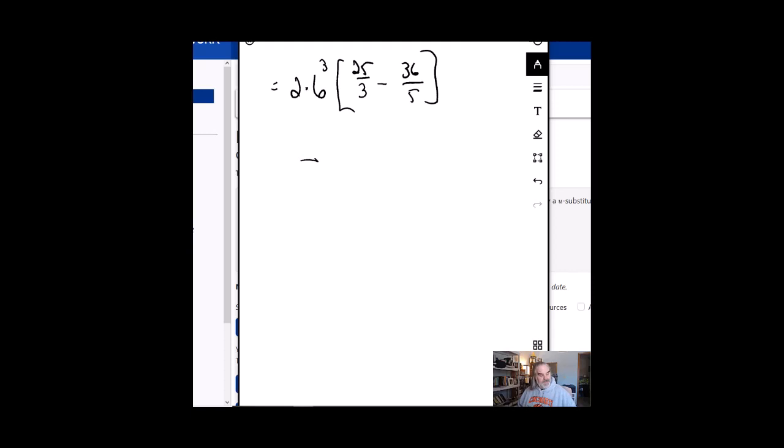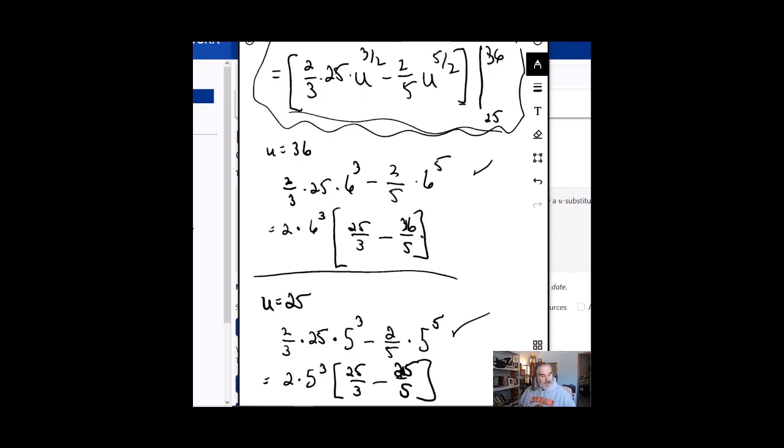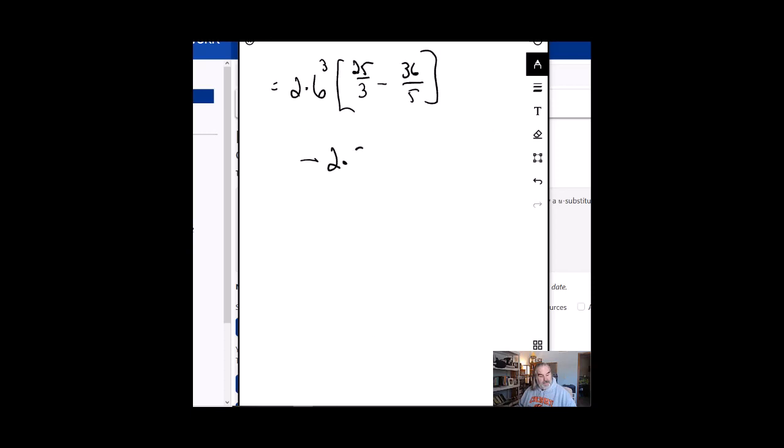Minus, that was the result from u equals 36. And now 2 times 5 cubed times 25 thirds minus 25 fifths. Ick. Okay, that is our result.